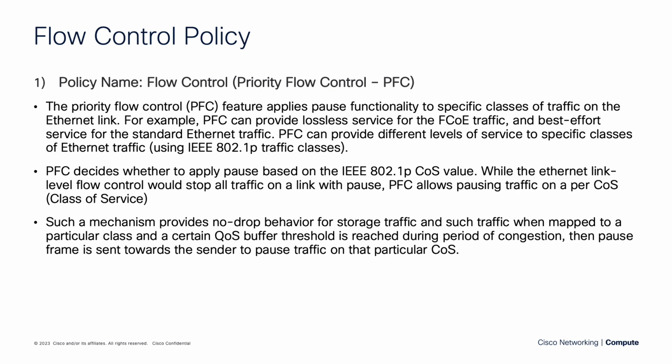And if you're not doing priority flow control, then you could do link level flow control, in which case that pause and no drop behavior is dictated on the entire link. And certainly your network administrator should be able to help you pinpoint which behavior you would need per your individual use case.